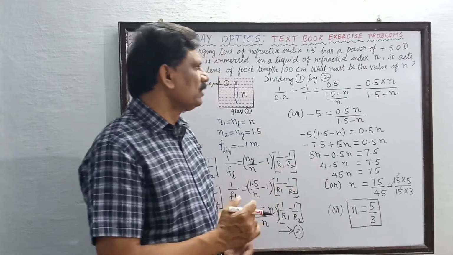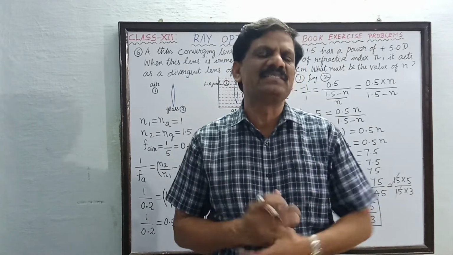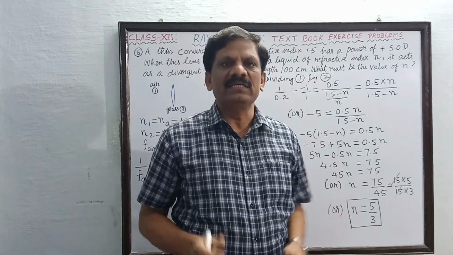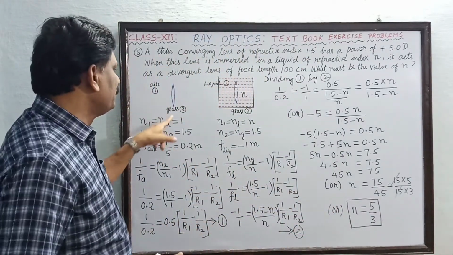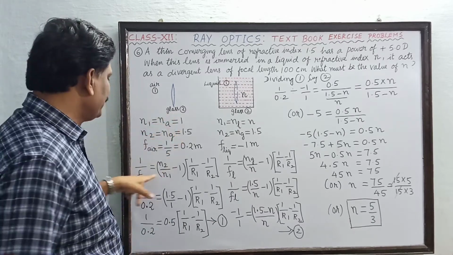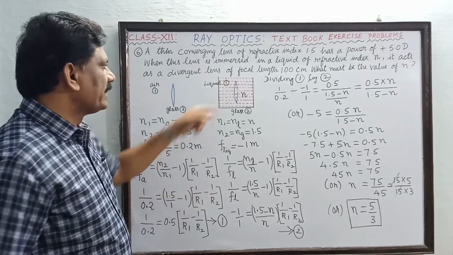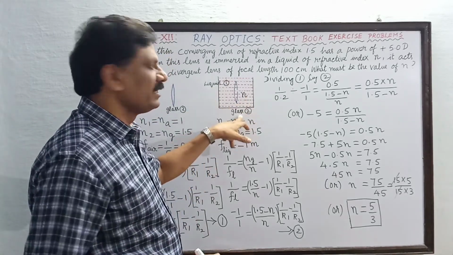So how to do this problem I have told you systematically. As a learner at the beginning stage, better you draw the schematic diagram like this and understand, so that in the first situation medium 1 is air and medium 2 is glass, and write the required lens maker's formula. And in the second situation, first medium is liquid and second medium is glass.